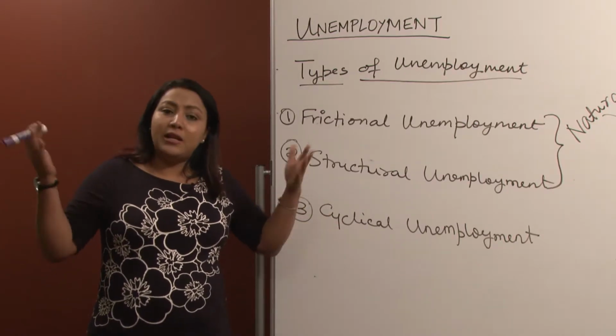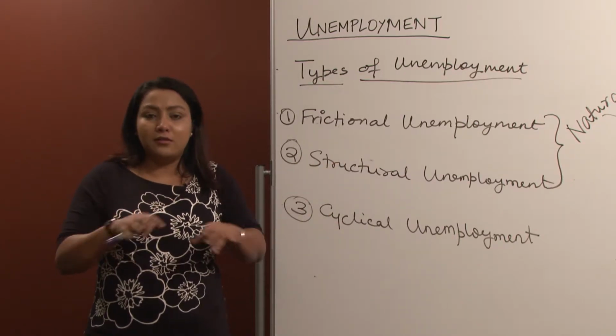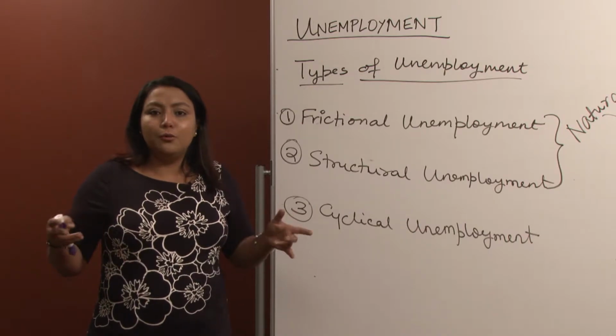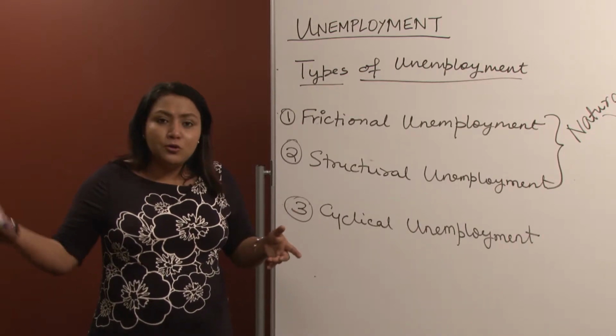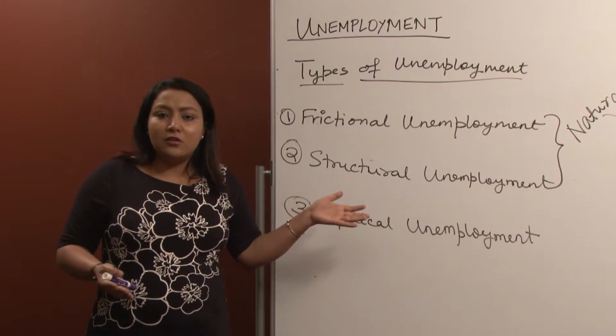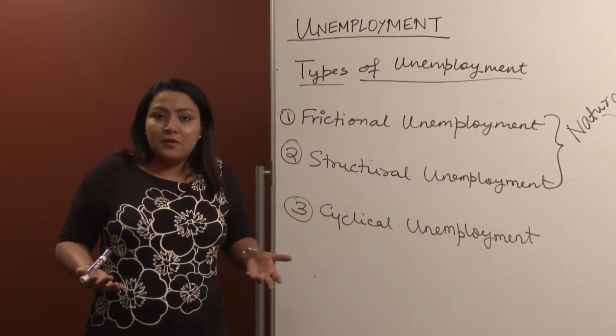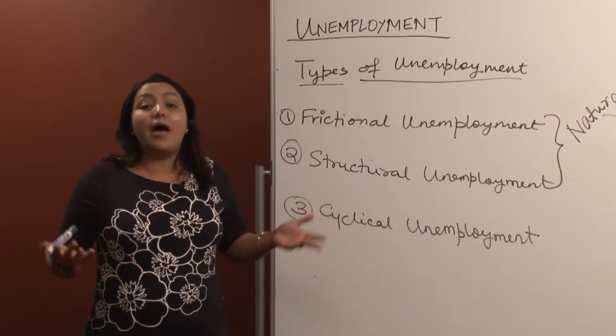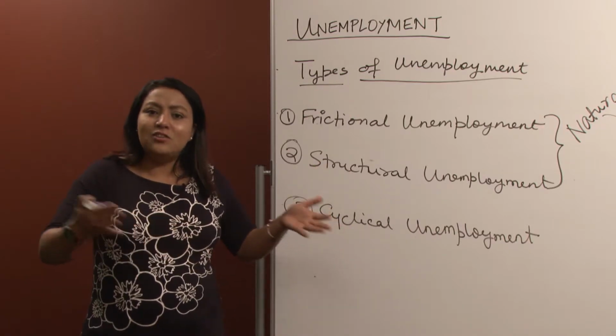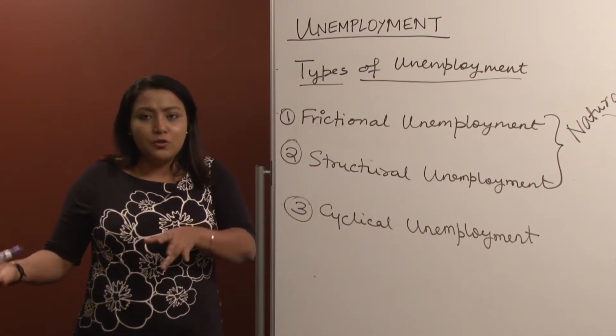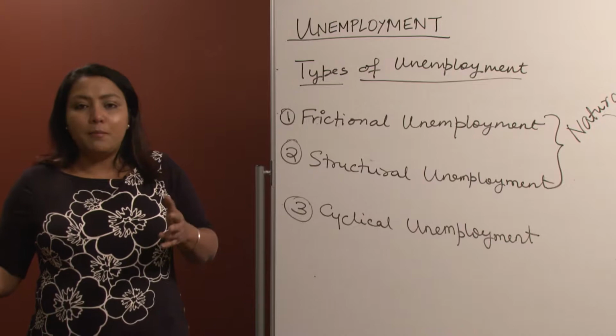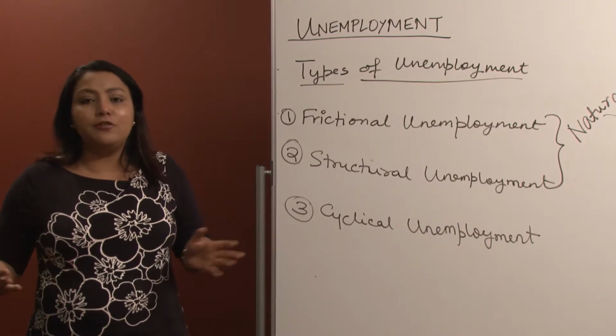For example, many years ago there were typewriters that were used for the purpose of typing. Now when computers came in, those typewriters got thrown away, and the typists did not have the skill set to have a job. But they were easily trained in typing on the computer, and many of them actually got back to the job market and found a job.